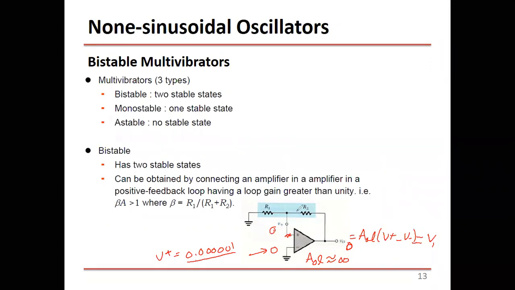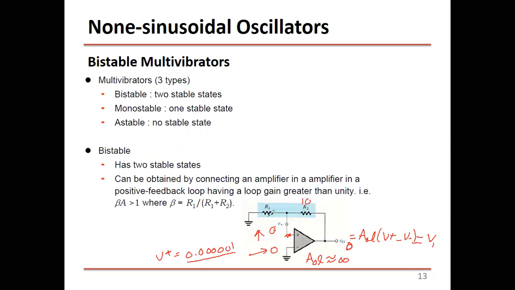This voltage will be fed back to this one. Let's assume this is 10 volt. Then you will not have here 0.00001. You will have 10 volts times R1 divided by R1 plus R2. So this is going to go up. We also have to have a high gain, so the gain is not 1.